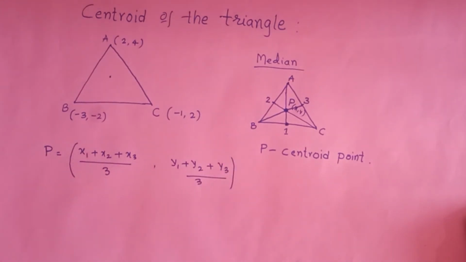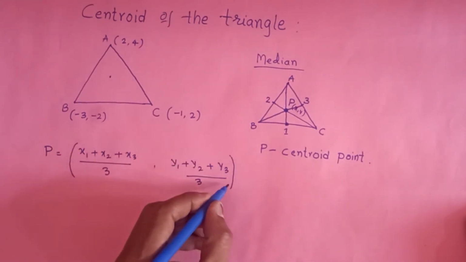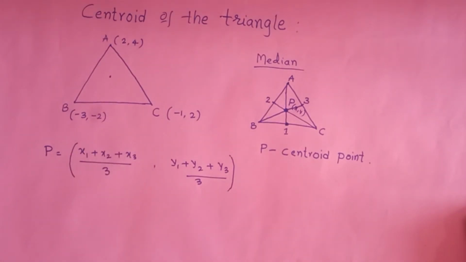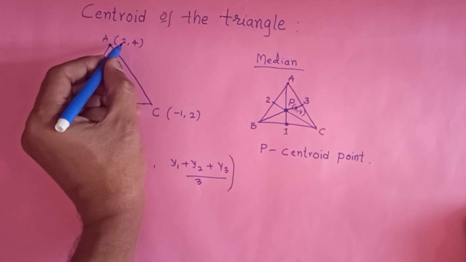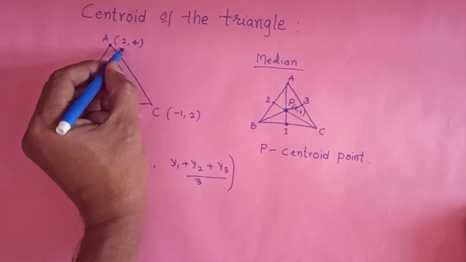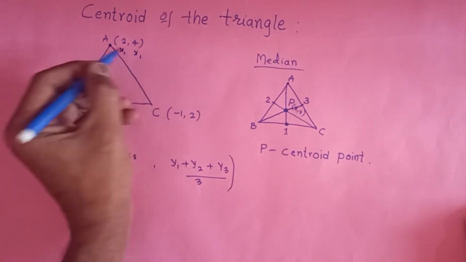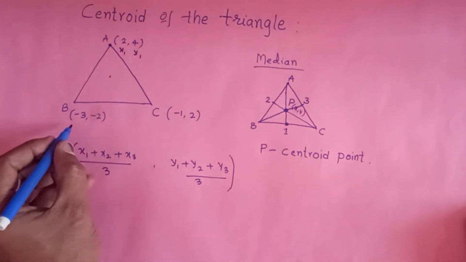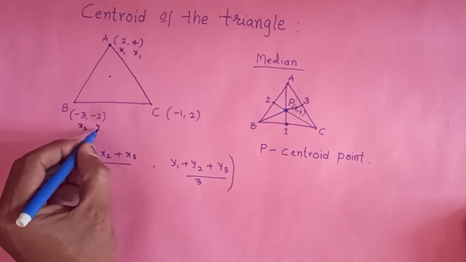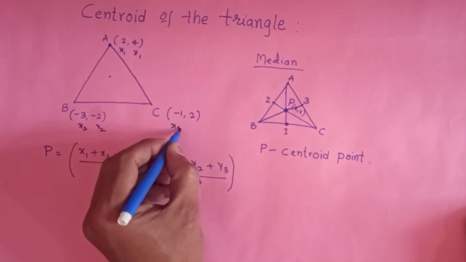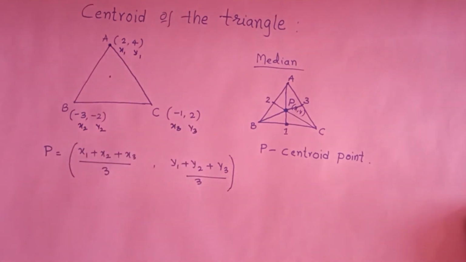So this is the formula to remember when you calculate the centroid. Now for the point A, these 2 coordinates will be x1 and y1. In the similar way for point B, it will be x2, y2. Here it will be x3, y3.